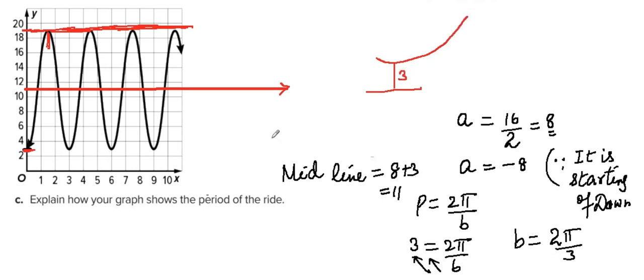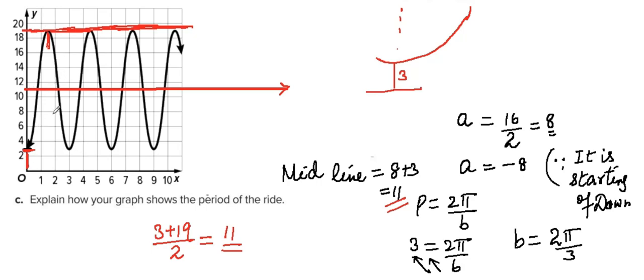It is starting 3 feet above, and with 16 it goes up to 19. So 3 plus 19 is 22, divided by 2 is 11. That's why I told you I will explain how the midline is 11.